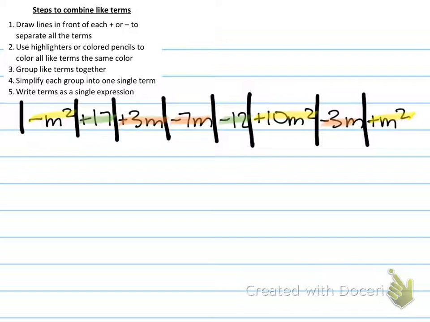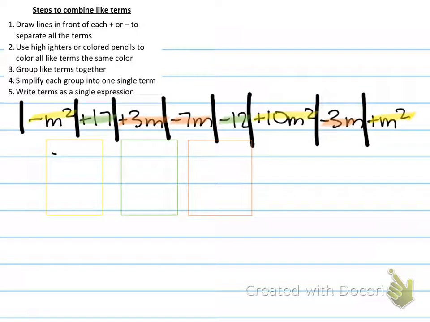I'm ready for my boxes now because everything has been color coded. So I need a yellow box, I need a green box, and I also need an orange box. And now all I need to do is put my terms inside the box that they belong in.